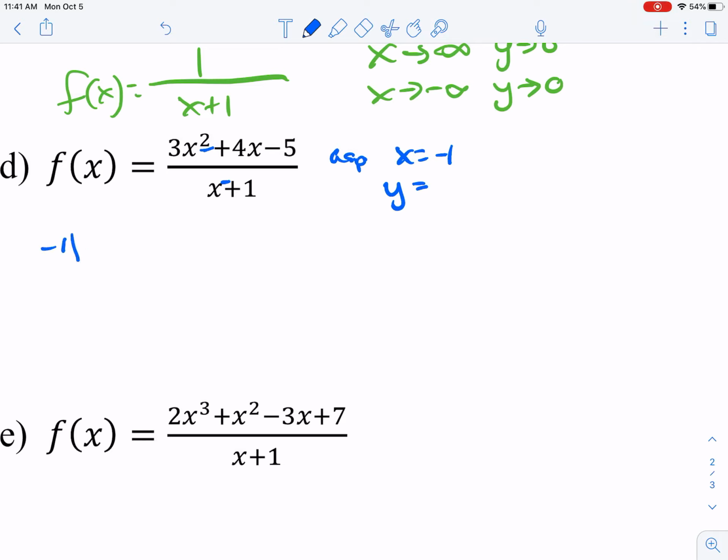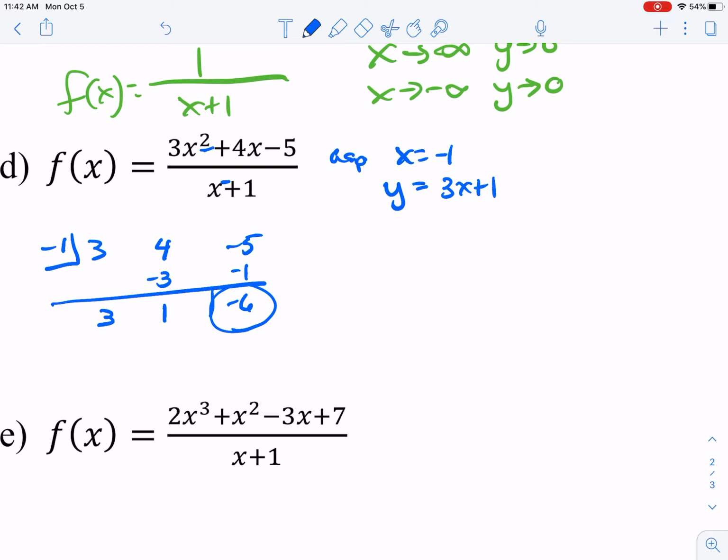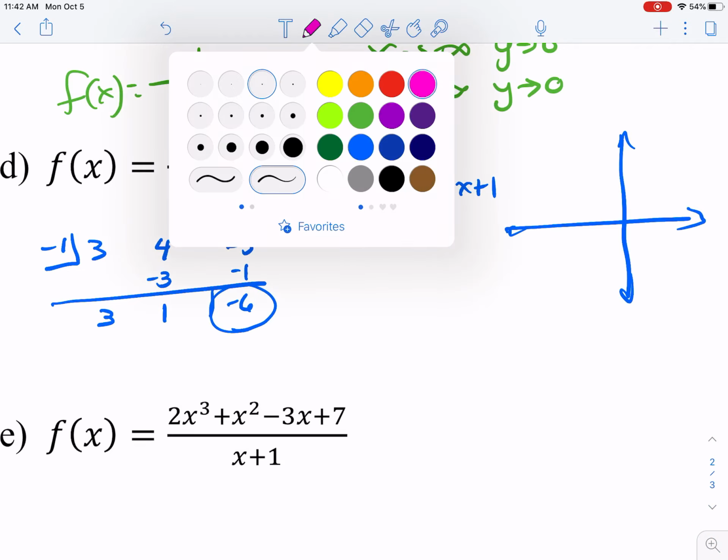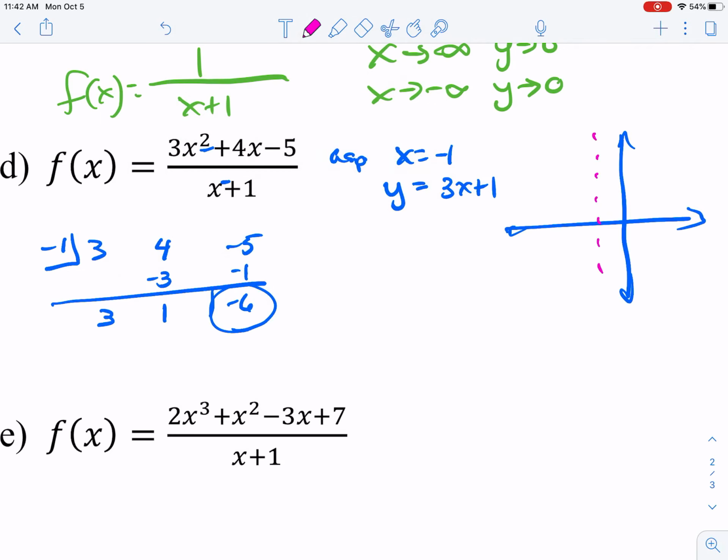So I put negative 1 in, 3, 4, negative 5, bring down the 3, 1, negative 6, that's the remainder, we ignore it. So 3x plus 1 is a slant asymptote. So I'm over here at negative 1 is my asymptote. And this one goes through 1, with a slope of 3.